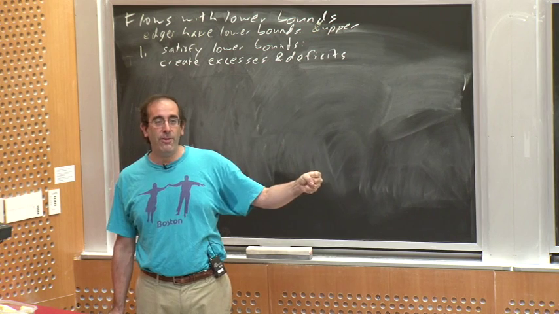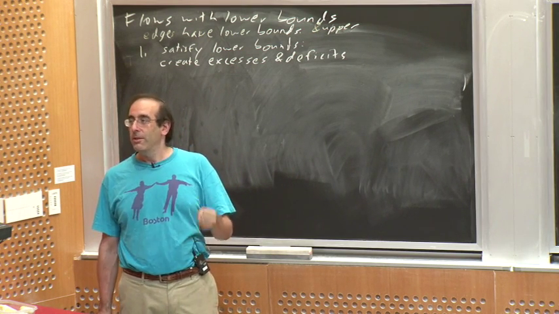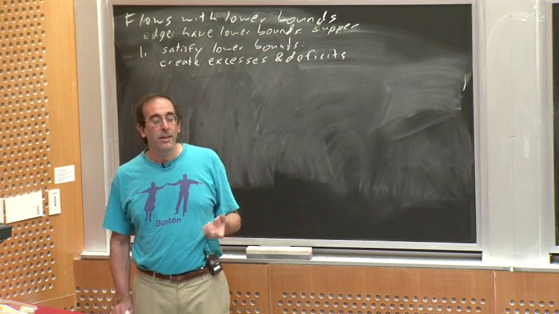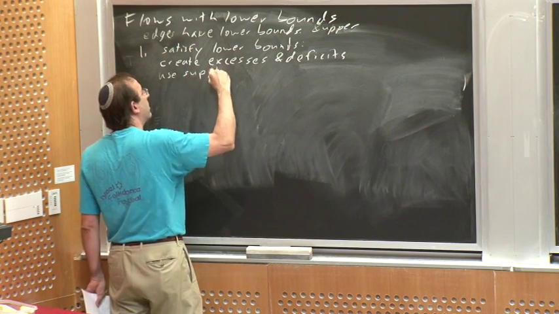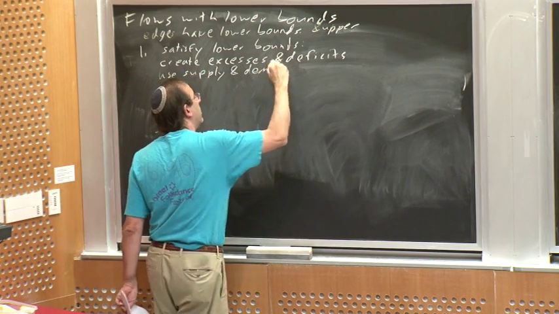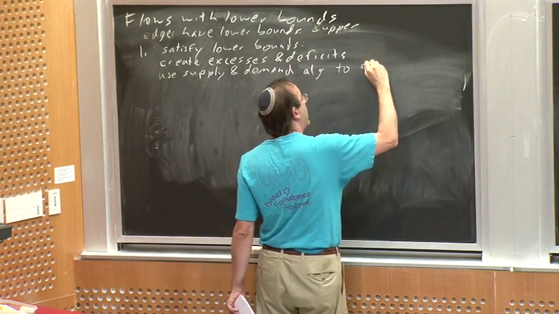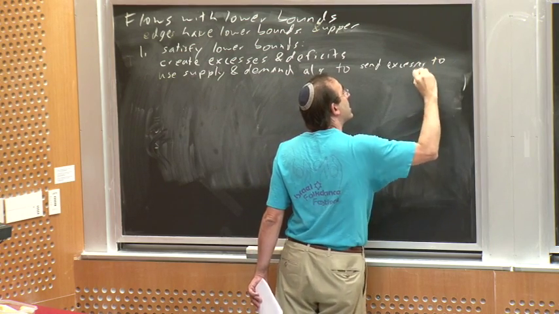I have vertices that have flow and don't want it, and I have vertices that are missing flow and want it. What do I do? Yeah? Supply and demand. Yeah. So now I use the supply and demand algorithm to send the excesses back to the deficits.